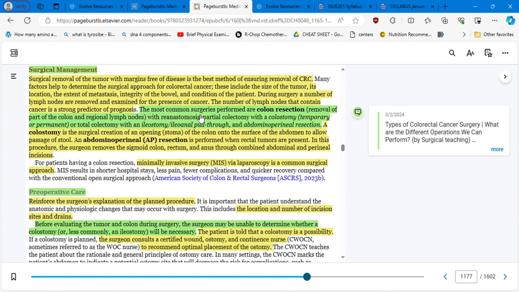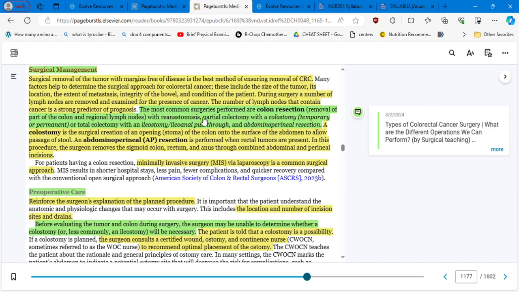Okay, the most common surgeries performed are colon resection, removal of part of the colon and regional lymph nodes with reanastomosis. Means that after they remove that part of the colon, they are going to unify the end and the beginning of the other part, right?